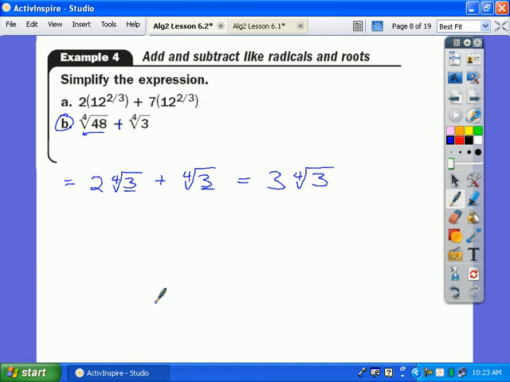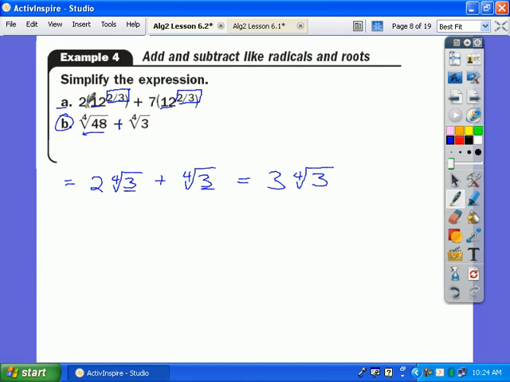Likewise, in Part A, I see that I have 12 to the 2/3 power, 12 to the 2/3 power. So I have the same root, the 2/3 root, and the same number as the base. Again, we're allowed to add these.